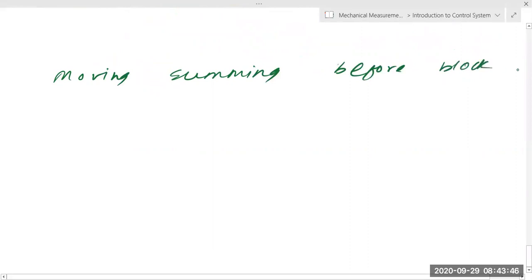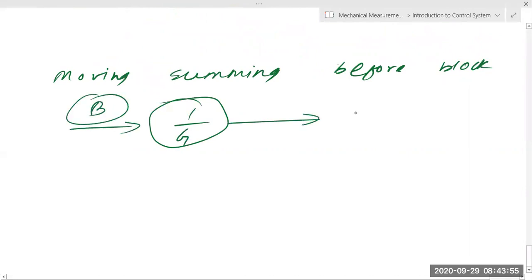what do we need to do? We need to multiply it by 1 by G. To whom do we need to multiply? Whatever is the signal, we need to multiply it by 1 by G, so we get another signal B by G. That's very important.